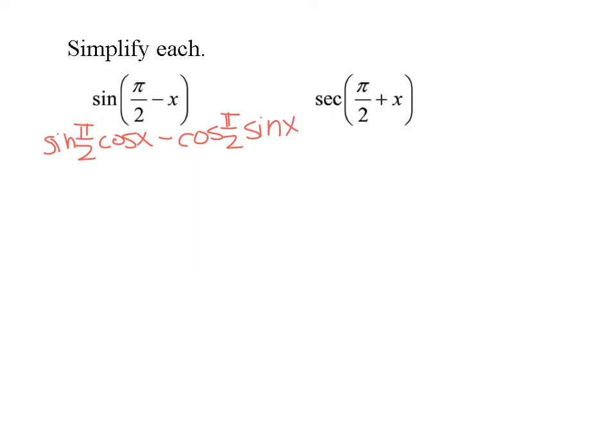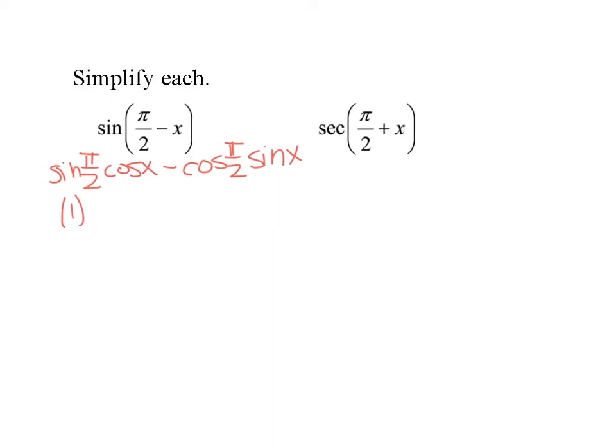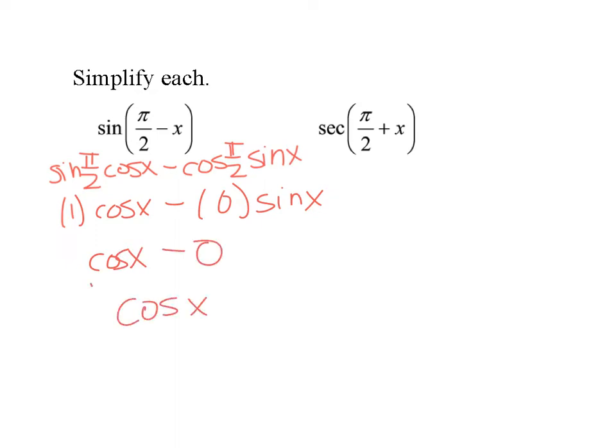And then substitute in where we can. Sine of pi over 2 is 1 times cosine of x. Cosine of pi over 2 is 0 times sine of x. 0 times anything is just 0. So we get 1 times cosine x, which is just cosine x, minus 0. So sine of pi over 2 minus x is equivalent to cosine of x.